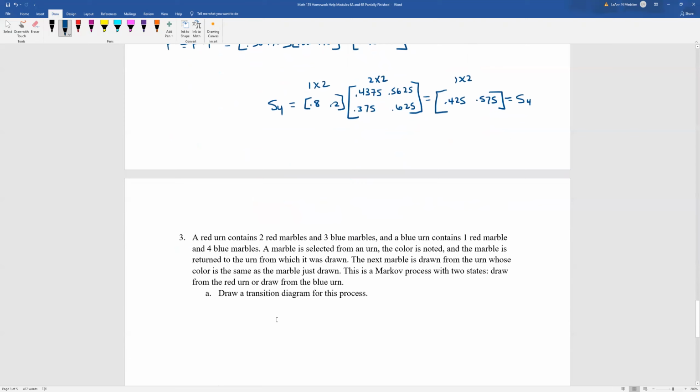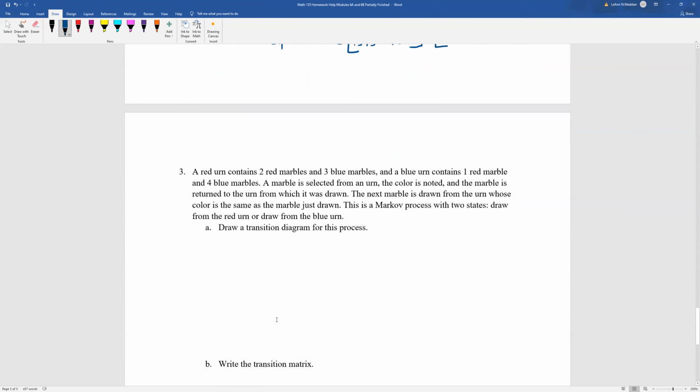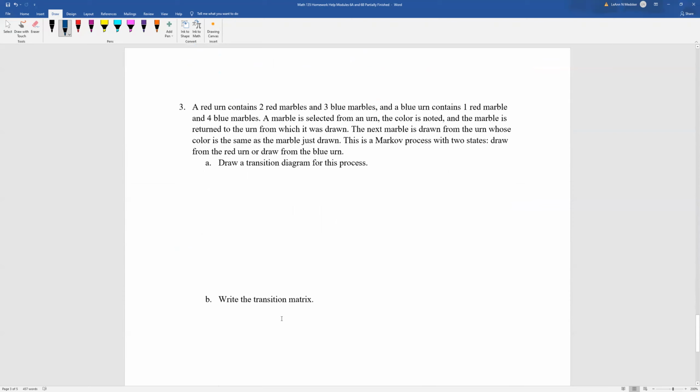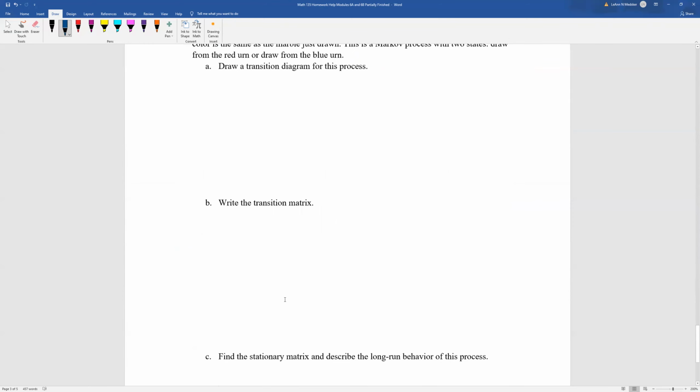Now this last one, I'm going to have quite a few things going on. We're going to come up with the transition diagram ourselves and then write the transition matrix once we have that. Then we're going to talk about how it is a regular Markov chain matrix, which means that for some P to the power, you have all non-zero entries.